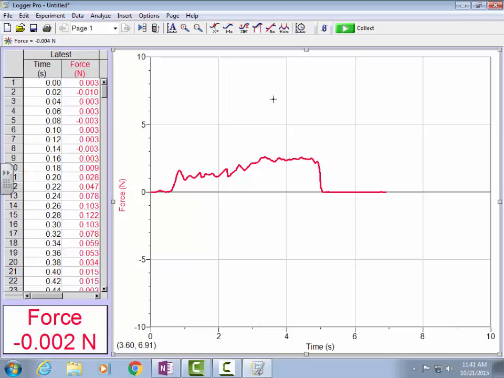How many newtons? 5-gram increments would be what, 1/20th of a newton? Which is how many pounds, roughly? How much? 1/10 of a pound, right?